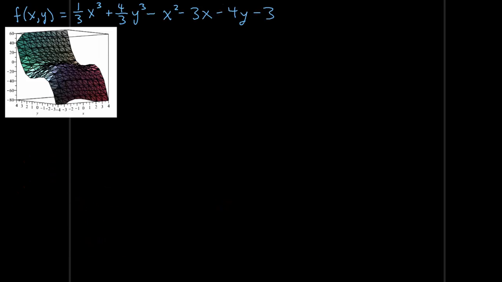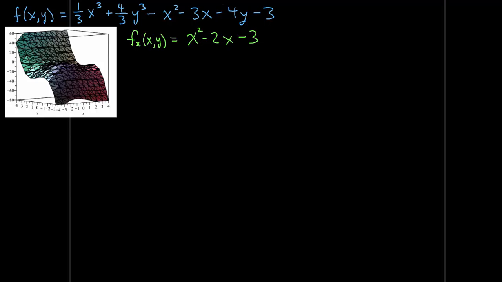Let's look at a function. I've got the graph of this function here, but let's just go through and see how this would be used. From the very beginning, we want to start off looking at the partials. So I'm going to take the partial with respect to x. This is going to be x squared minus 2x minus 3.